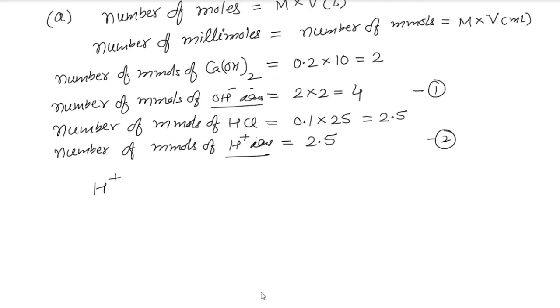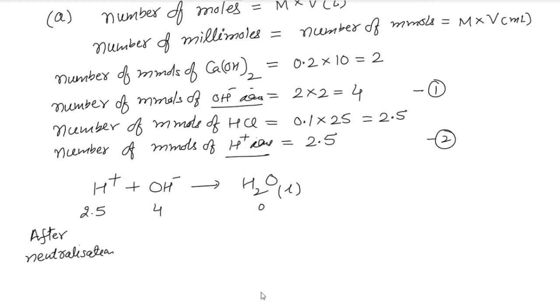So H plus ions neutralize OH negative ions to give H2O. H plus ions are the limiting reagent, so they become 0, and that part is neutral.